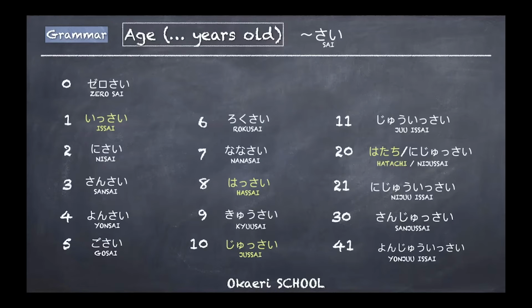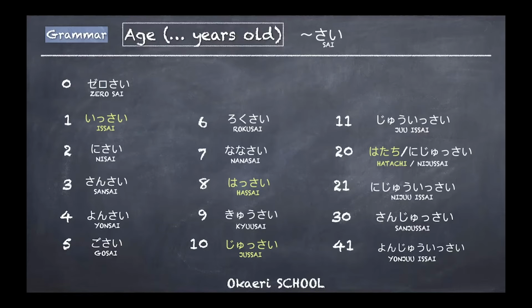And when you talk about age, basically you put sai, which means years old in Japanese. That's it. But there are, as usual, exceptions. You have to be careful with 1-year-old, 8-year-old, and 10 years old. 1歳, 8歳.